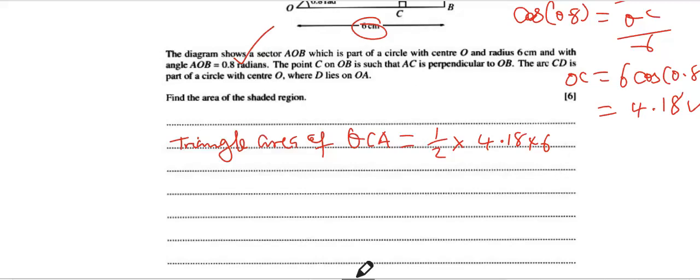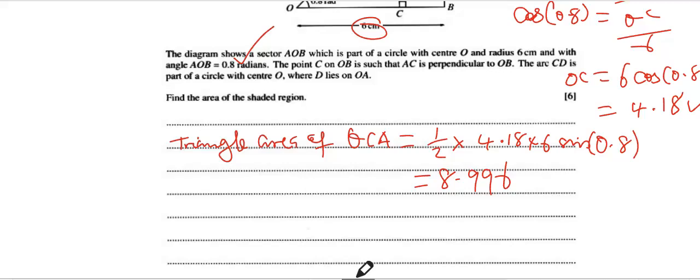Then the included angle is sine 0.8. Plug that in your calculator. You should be able to get 8.996 approximately.